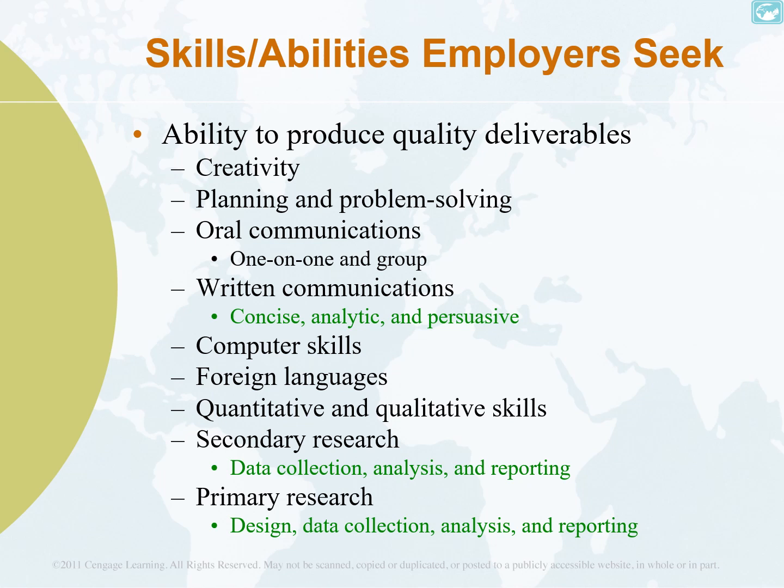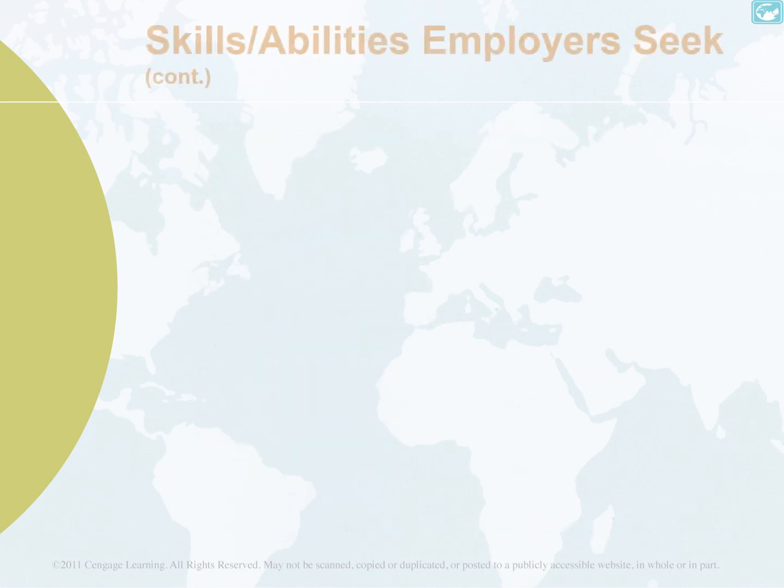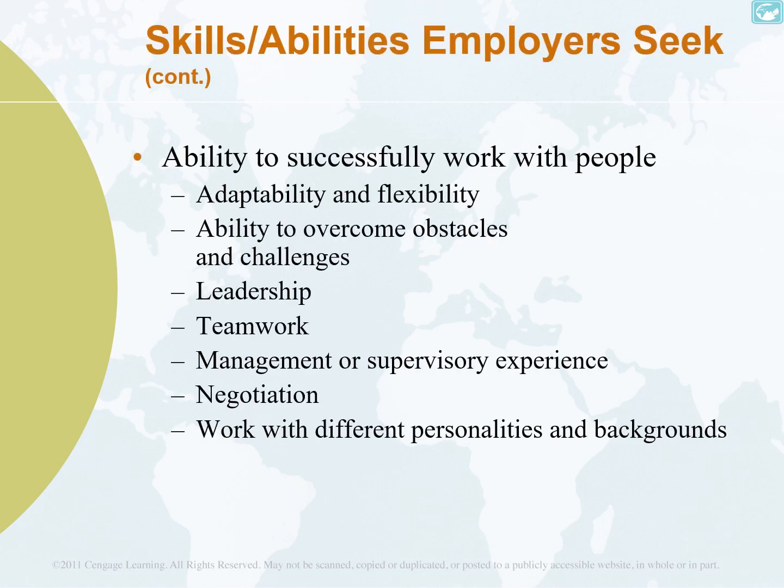Your ability to produce quality deliverables, creativity, planning, problem solving, communication, oral and written communication, computers, foreign languages, quantitative and qualitative skills, doing marketing research, either secondary research or primary research, and etc. And also your ability to work with people, adaptability, flexibility, overcoming obstacles, leadership, teamwork, management or supervisory experience, negotiations, and working with different personalities and backgrounds.